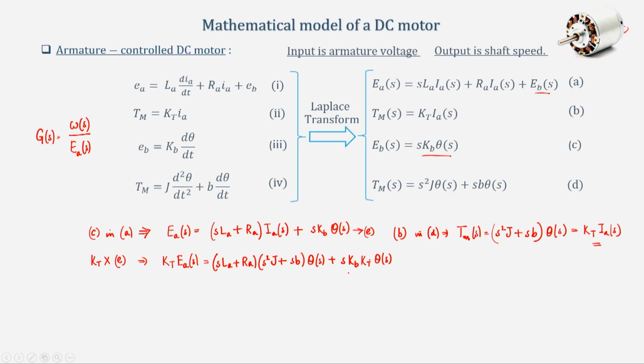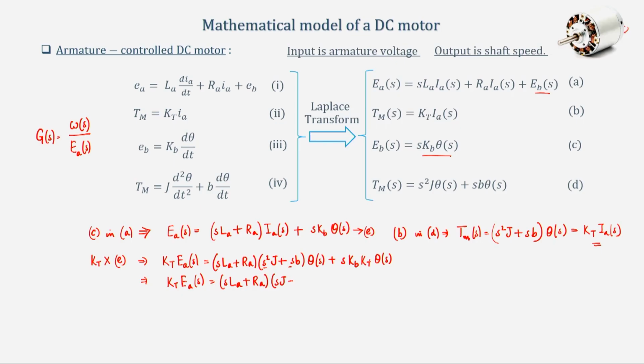Now, from here notice I can rewrite this again as Kt Ea s equals (s La plus Ra). Here see I can take an s out from here.